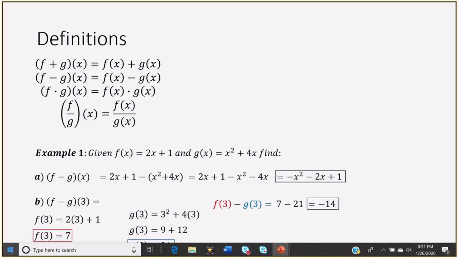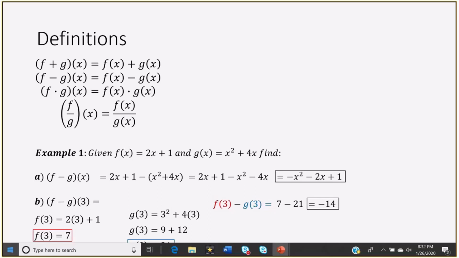Now, you have two options when you have a number involved. One of your options, and in this case it's very doable, is to plug the number into each individual function and then perform the addition or subtraction. Or if you really wanted to, we already had f minus g of x above, and what I could do is plug in 3 into that result that I found in part A, and then we'd get the same answer.